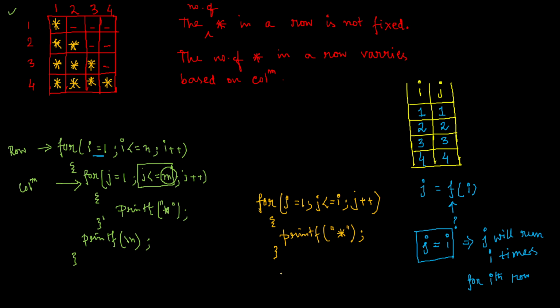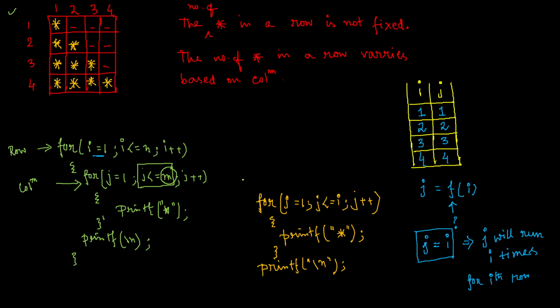Now after printing this star, obviously I need a printf of backslash n. Now what is this i? This i is the variable representing a particular instance of the row, and it is independent.